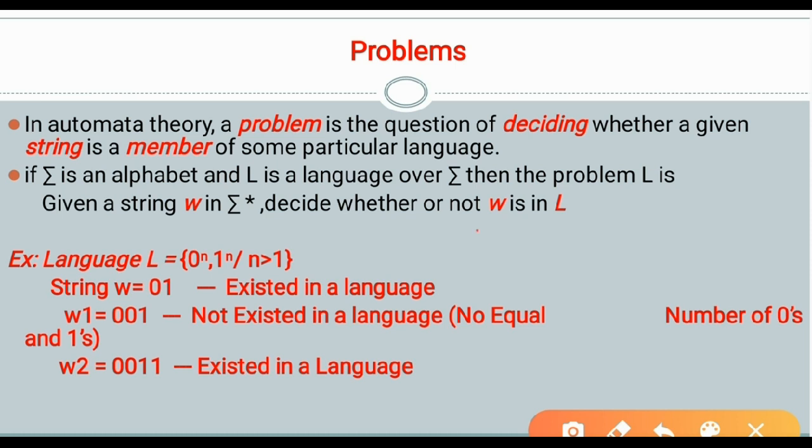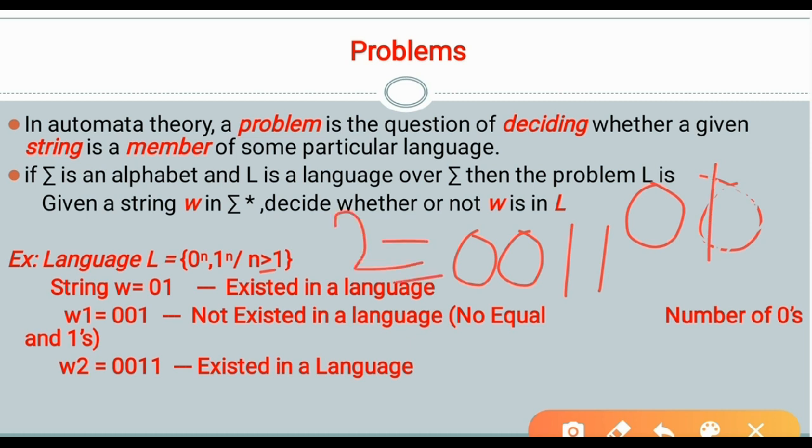So 0 to the power 2 means 2 zeros followed by 2 ones. If n equals 1, then it's 0, 1. When n equals 2, 0 to the power 2 means 2 zeros and 2 ones.